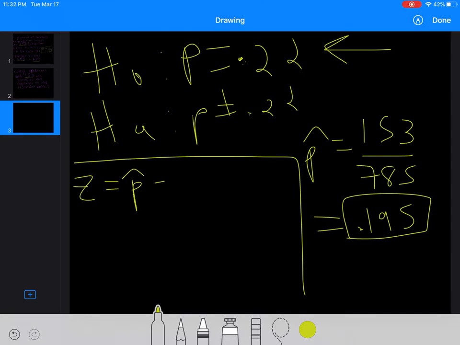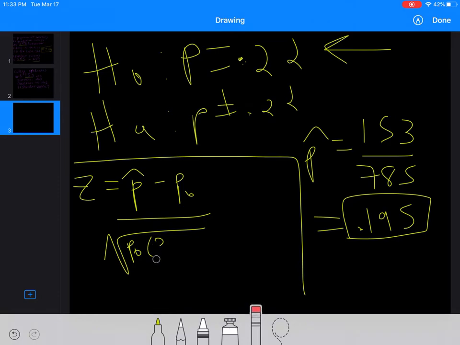All right, so our z-score is p hat minus p naught, over the square root of p naught times 1 minus p naught over n. That's the same z-score as the last example we saw. All right, so when we punch in our values here, let's do another slide.